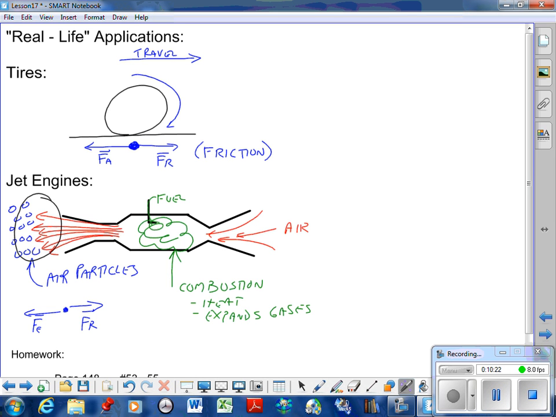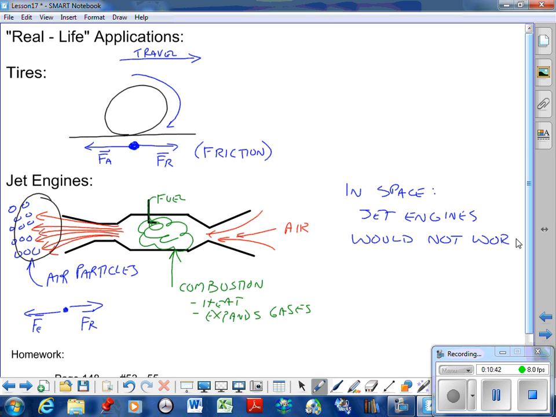Okay, so that would mean in space, jet engines wouldn't work. Why would they not work? Would not work. And why is that?